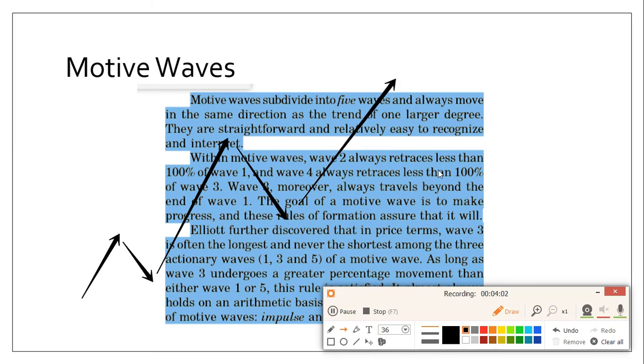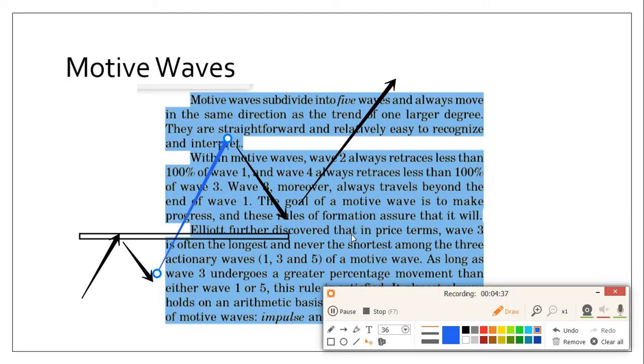So when they say that wave 3 moreover always travels beyond, we already know that this is the territory of wave 1. So they're saying wave 3, which is this one, travels beyond. Let me even change the color. Let's make it blue. It travels beyond the start of wave 1. Wave 3 moreover always travels beyond the end of wave 1, which is here. So this is what they're trying to mean.